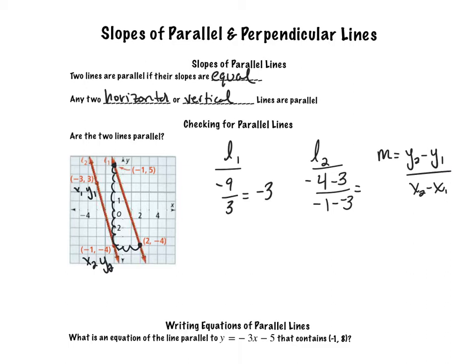If I do that, negative 7 over 2, I get negative 3.5. So those lines would not be parallel, because their slopes are not the same.